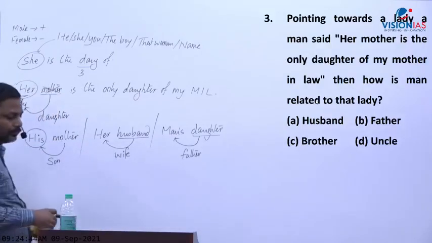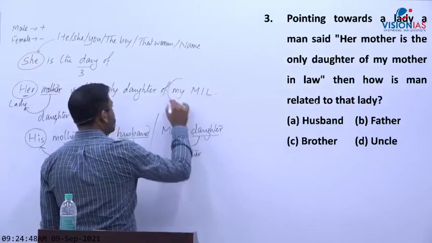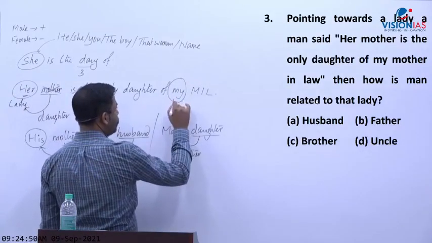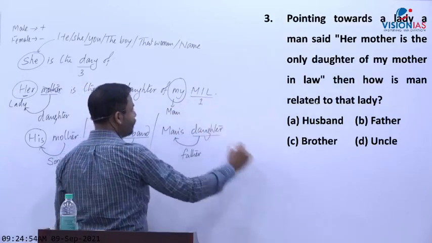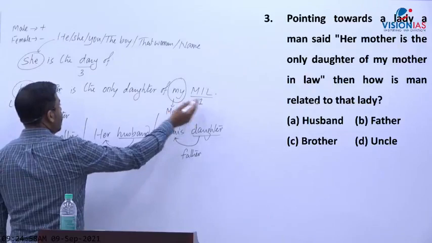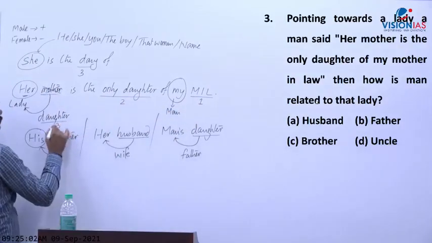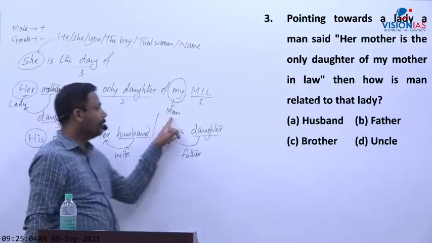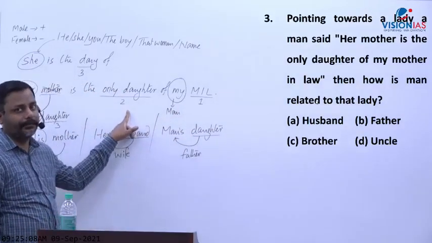So now let's start making the chain from this term my. My means the speaker of the statement, and this time the speaker is a man. So my mother-in-law's only daughter and daughter. Man's mother-in-law's only daughter is man's wife.